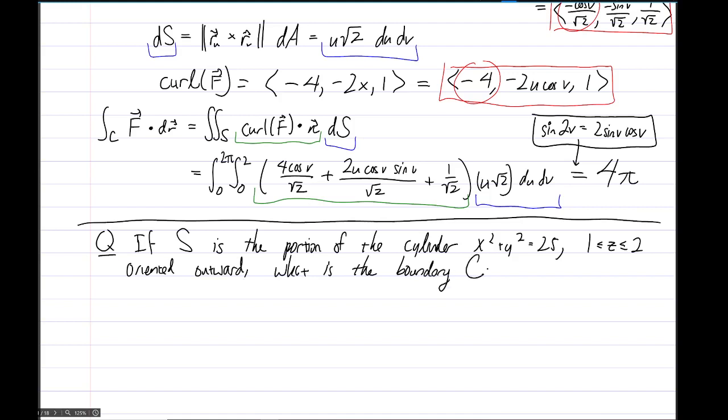Let's name the boundary C. So what is the boundary of S, call it C, and what is its orientation? We want a compatible orientation.